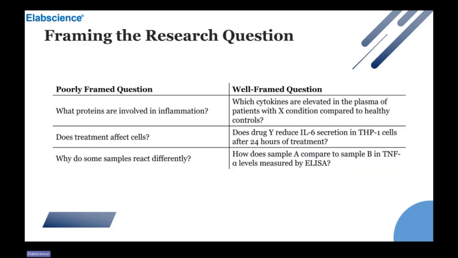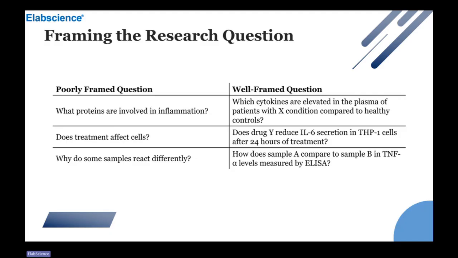A strong research question is precise and measurable. Poorly framed questions are often vague, like asking what proteins are involved in inflammation, or does treatment affect the cells? These kind of questions are too broad and make it hard to design the experiments. So well-framed questions specify exactly what we are going to measure, in which sample, and under what conditions.